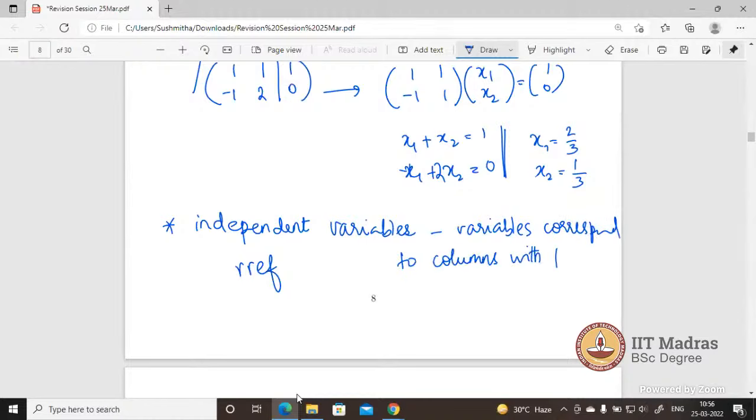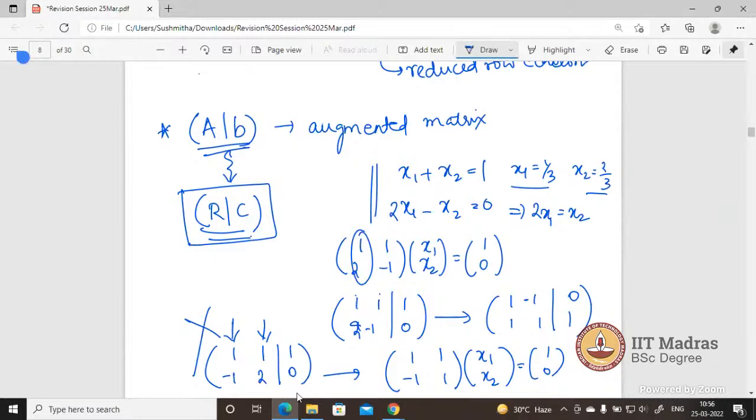The coefficients of x1 will be in my first column, the second column corresponds to x2. Now you're referring to a column without a pivot. So what was it? 0, 1, 1. This was 0.